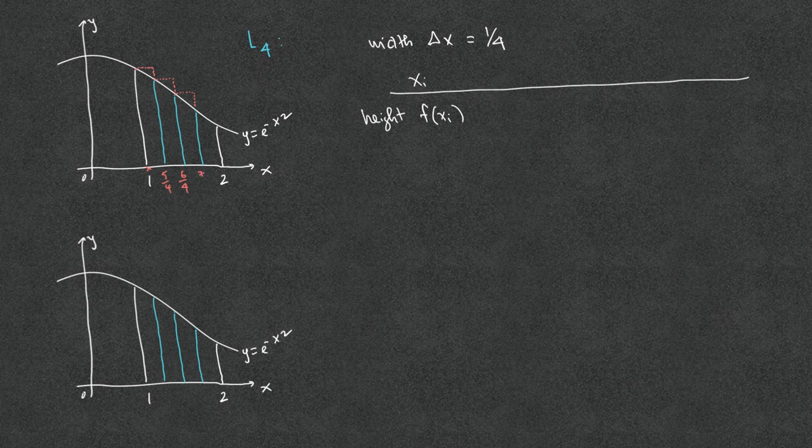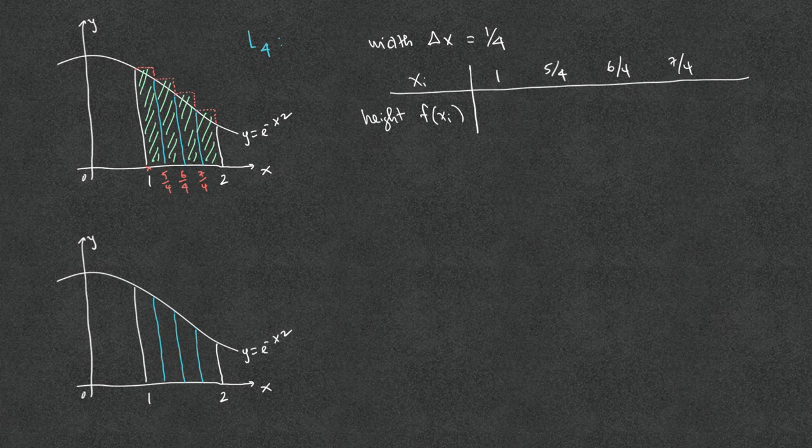And from 7 over 4 to 8 over 4, we use the left endpoint to determine the height of the rectangle. Thus, the height is determined by the left endpoints 1, 5/4, 6/4, 7/4. That's it. 4 left endpoints.